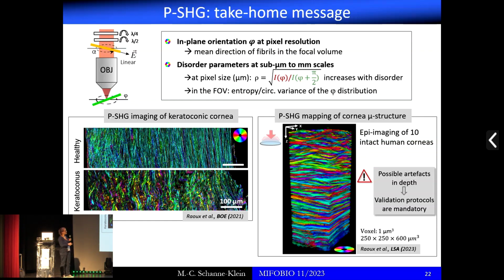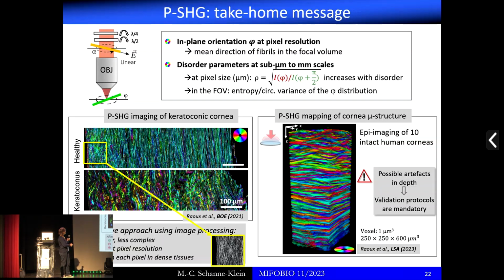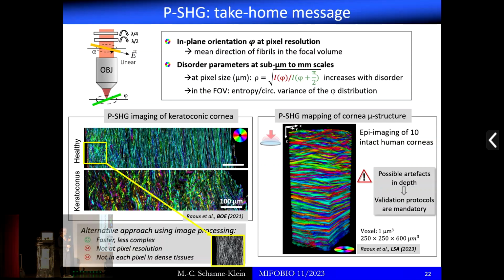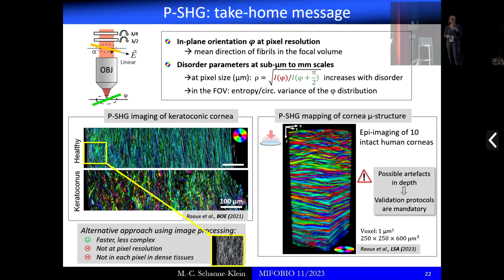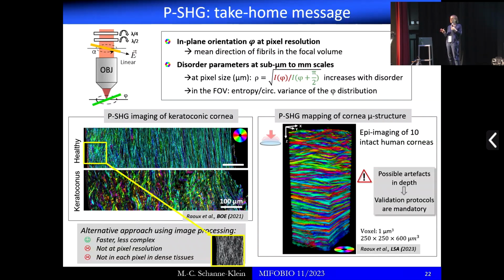Also, to compare to other techniques, here, when we look just at the gray level image, we see some fibers. So we could do some image processing looking at the fiber direction this way. If it's possible, of course, it's the best solution because it's much faster and less complex.